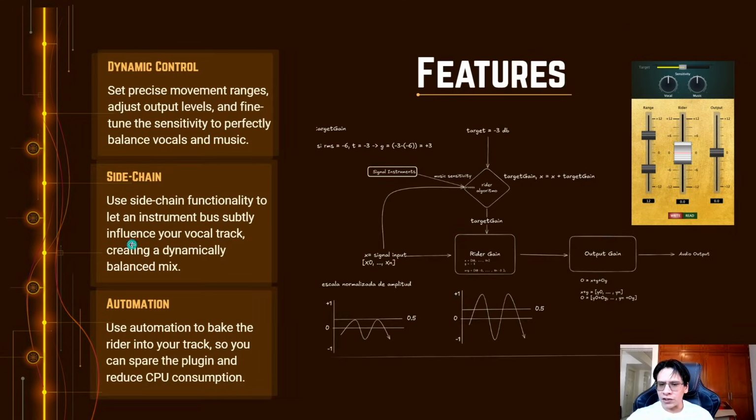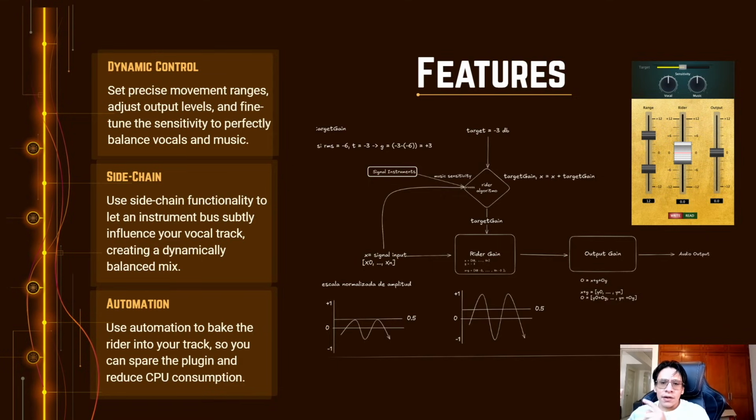There's also automation, okay? So you may want to write your level automation into your DAW. So for example, you can use the plugin and put it into write, go to your settings in your DAW. I'm using Reaper, I will show you in a little bit. Go to your settings and let's say you want to write into your session the movement of the RaiderPro.